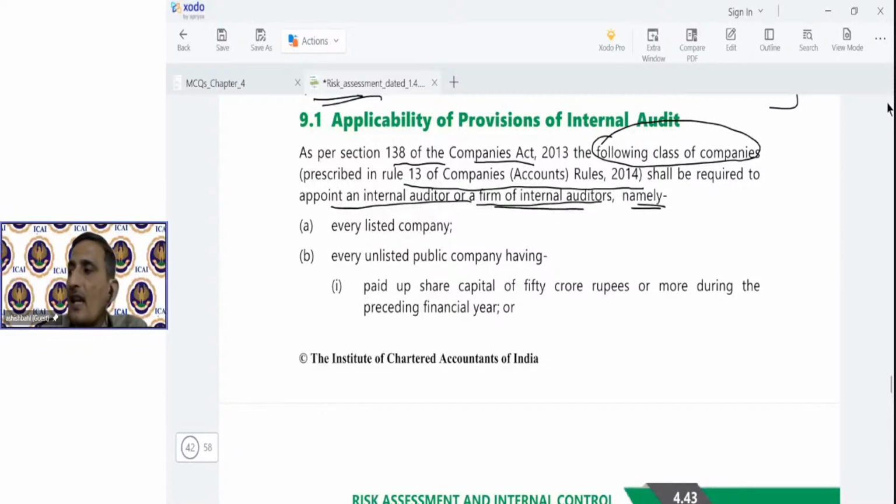These categories are given, and it is mandatory, compulsory, for these companies to appoint an internal auditor. Okay, so what are they? Since it is a law provision, you have to remember it. There are no two options, ifs or buts about it. It has to be remembered as it is.